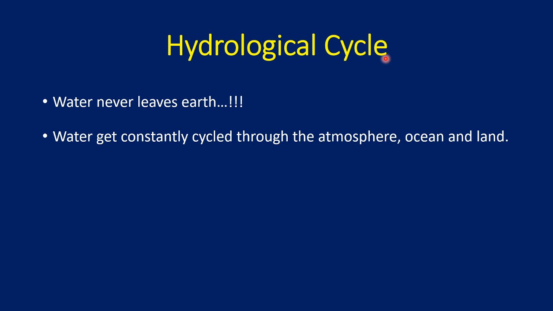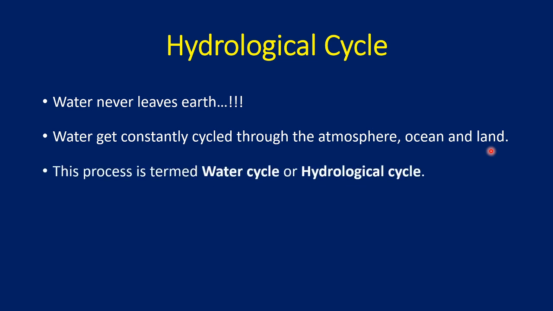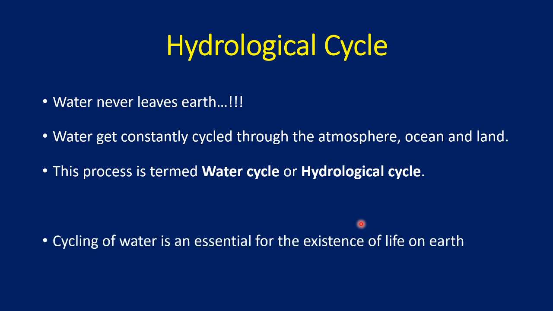Wherever the water is present, whether in the atmosphere, ocean, land, river, or pond, it gets cycled. This process is termed the water cycle or hydrological cycle, and the cycling of water is very essential for the existence of life on earth.